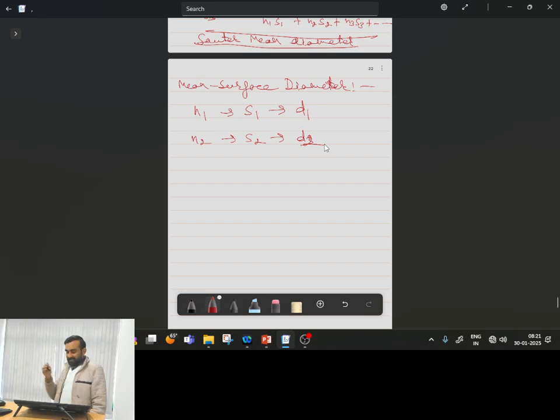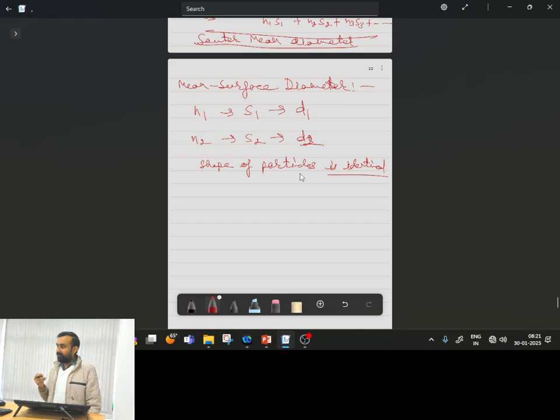Likewise, let us make one assumption that the shape of all particles is identical, so only their sizes are different. Now, if shape is identical and only the sizes are different, then to characterize this surface area S1, how can you write it?